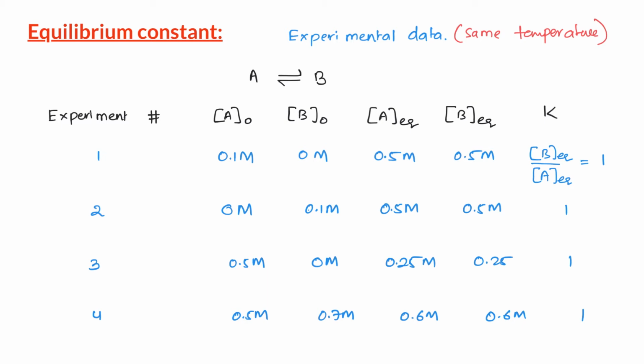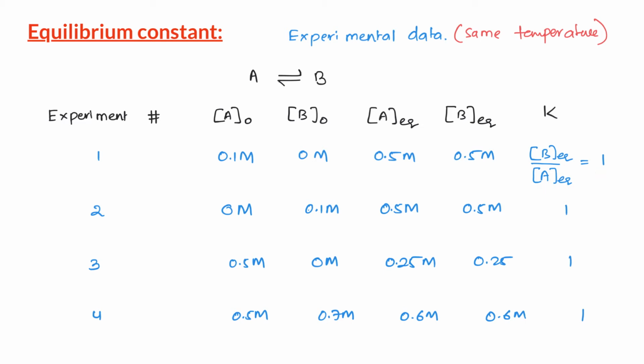For example, we have a hypothetical reaction A gives B, and we have performed several experiments and measured initial and equilibrium concentrations of A and B. From the equilibrium concentrations of A and B, we calculated the equilibrium constant K. For example, in experiment 1, we started with 0.1 molar A and 0 molar B, and the equilibrium concentrations are 0.5 molar A and 0.5 molar B. If we calculate the equilibrium constant, which is equal to equilibrium concentration of B over equilibrium concentration of A, we will get 1.